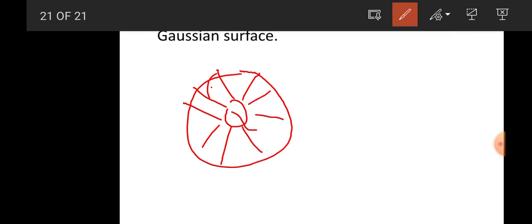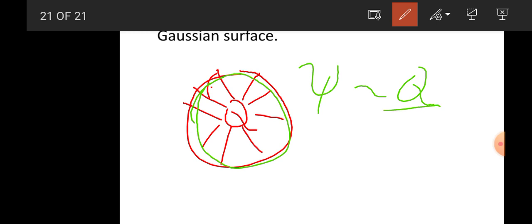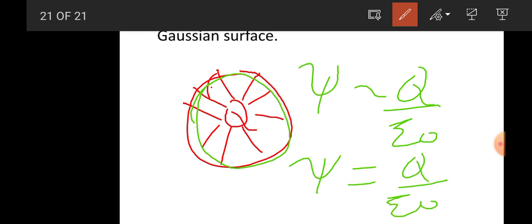Therefore, electric flux, symbolized by this Greek letter, is directly proportional to the charge enclosed in the Gaussian surface and inversely proportional to the permittivity of free space. So, according to Gauss law, electric flux is equal to the magnitude of the charge over the permittivity of free space. This is the mathematical expression of Gauss law.